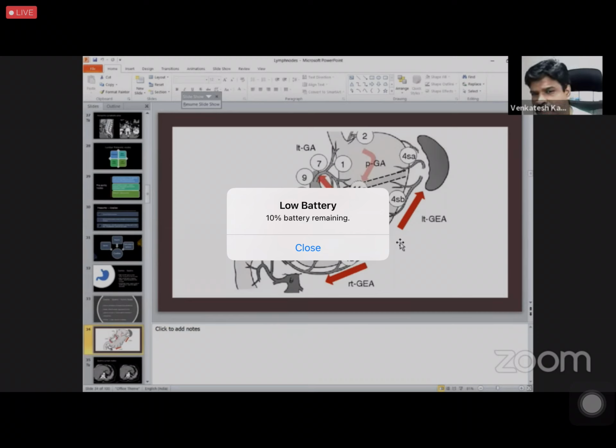What about 7 and 3A? The question was 4A, okay. The 3A is the group which is just seen along the distal aspect of the left gastric artery. When it's close to the origin, it is 7.